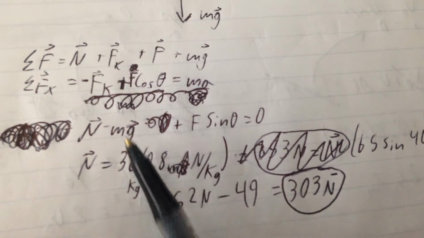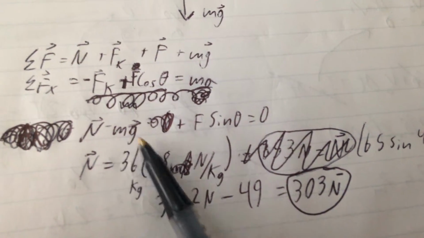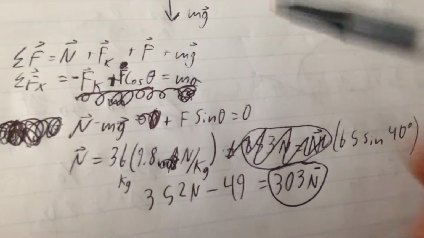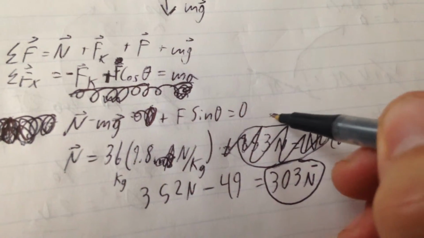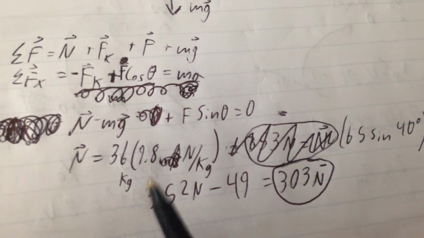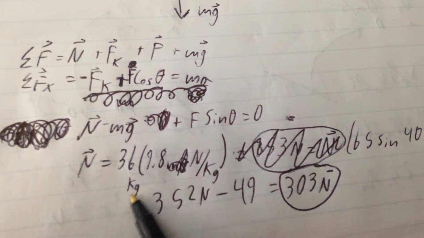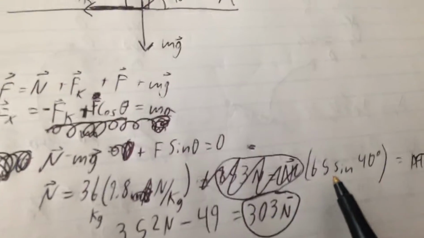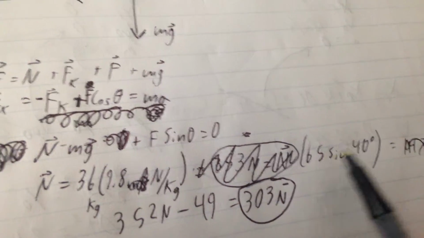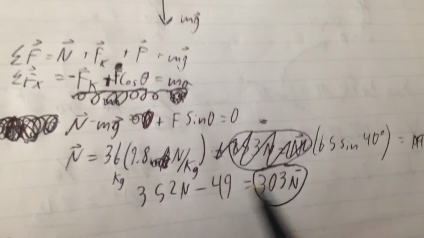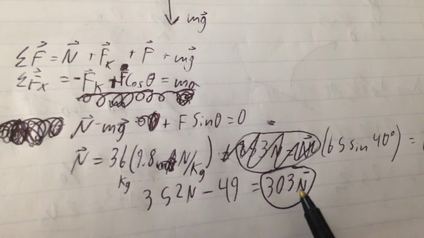So your normal force is equal to, you can add this to that side and subtract this to the other side, so there's a subtraction symbol in between. This times this is 352 newtons because the kilograms cancel out, minus 49, because there are no units for sine of an angle, and you're left with 303 newtons. That's your normal force.